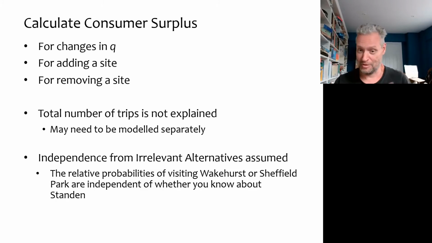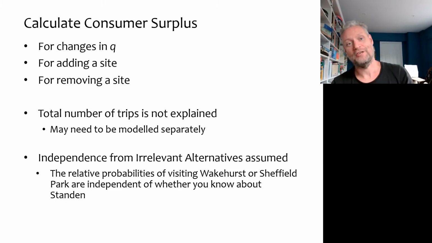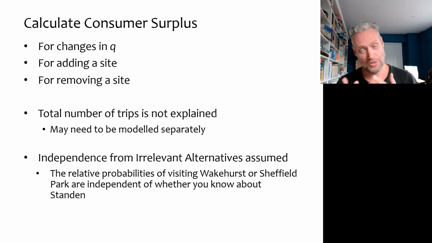So you may like Wakehurst over Sheffield, and you will continue to like Wakehurst over Sheffield by the same proportion, regardless whether Standen is open or not, regardless of whether you know about Standen or not. So that follows from the distributional assumptions that you make again.